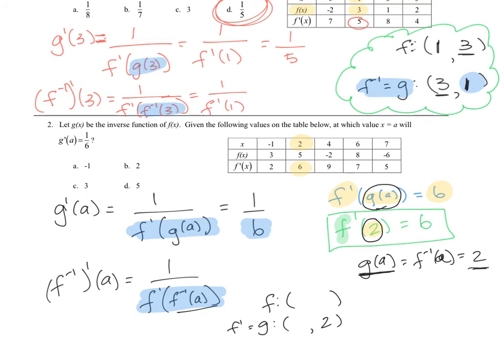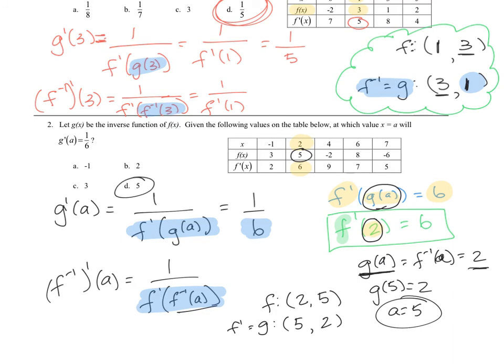And if 2 is in the output spot for the g function, then it's in the input spot for the f function. So f of 2 is 5, which means that if I flip those for the inverse function, the ordered pair for the inverse function is (5, 2). What that means is that g of 5 equals 2. That must mean that the a value is 5.